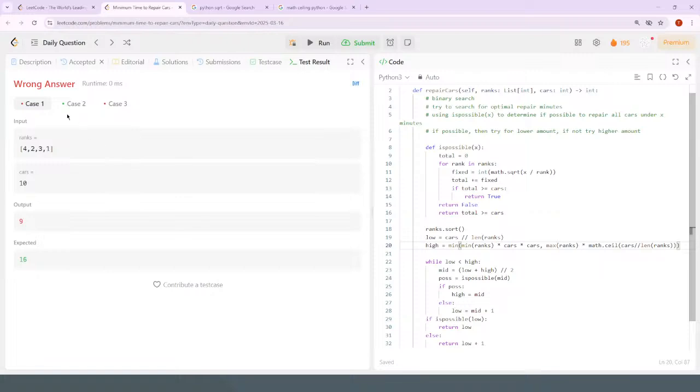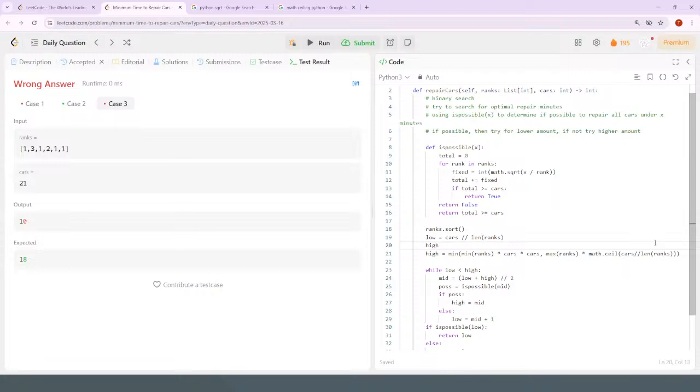Okay, the wrong high was introduced. So here I think the high was like 10. But why? Oh, I need to square this. Square root of this. So, okay. High 1, I'll say this is going to be for fastest does all cars. And this is the min of ranks times cars squared.